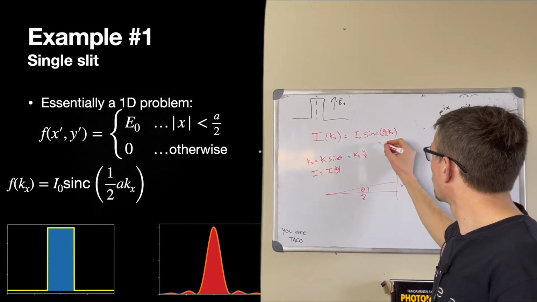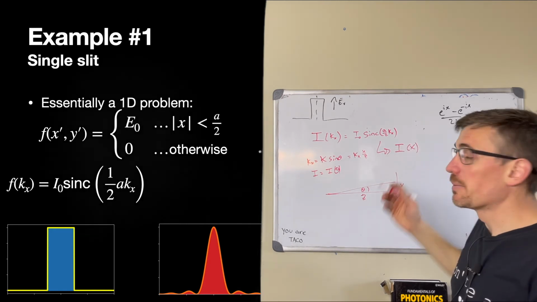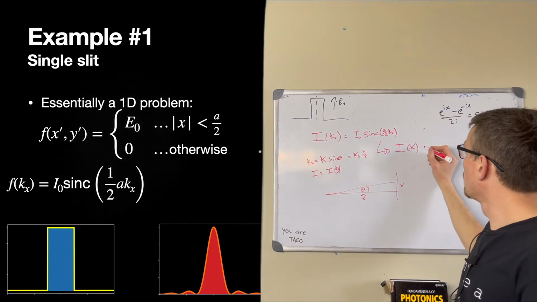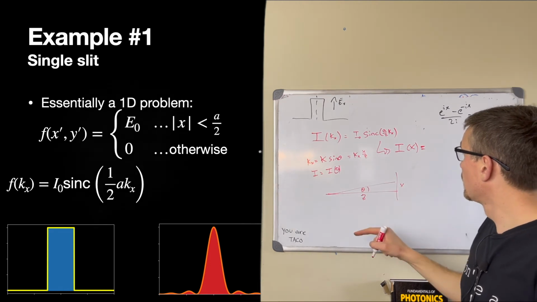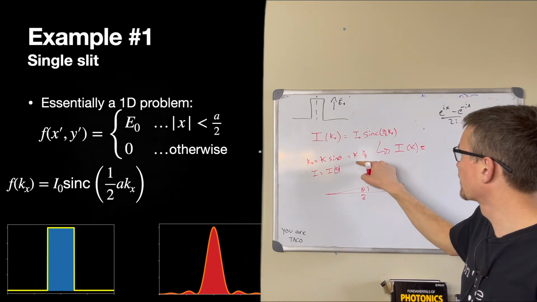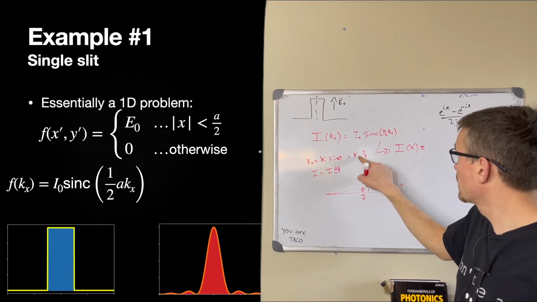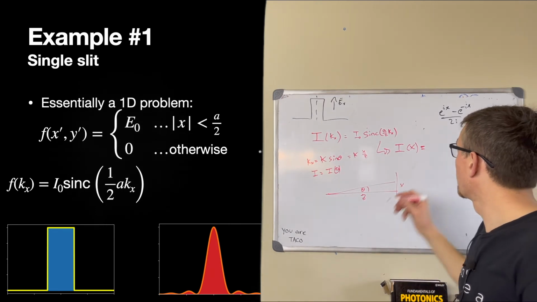So if we want I of x, for example, how much physical distance it is up or down, not a big deal. We just replace kx here with k over z times x.